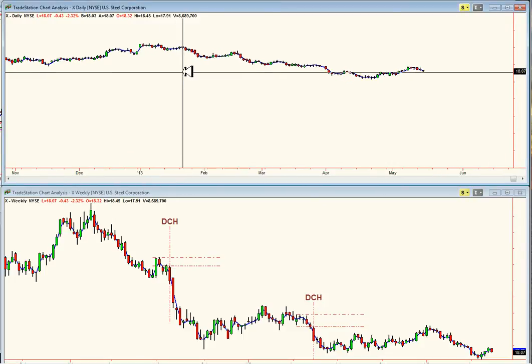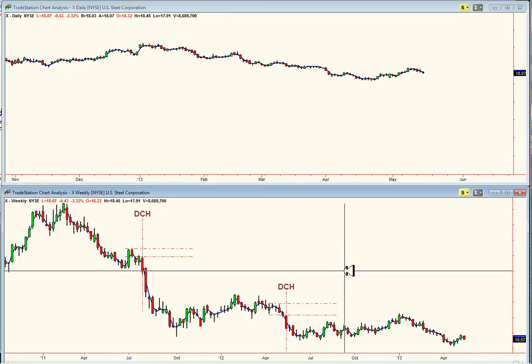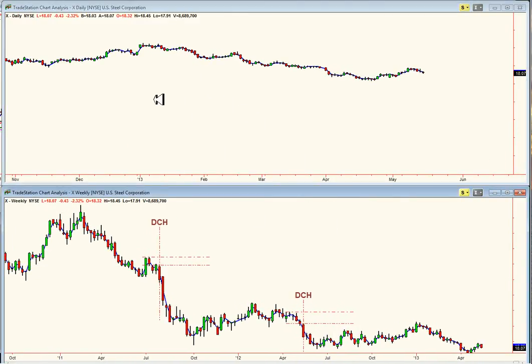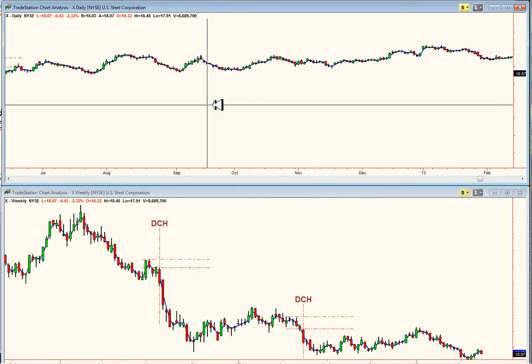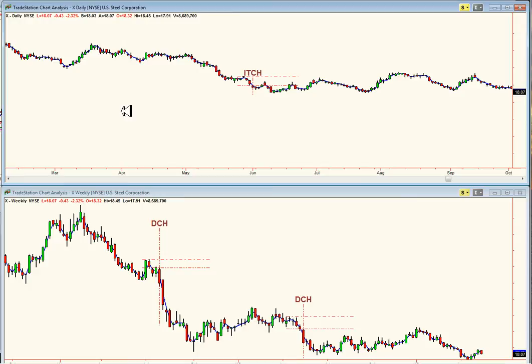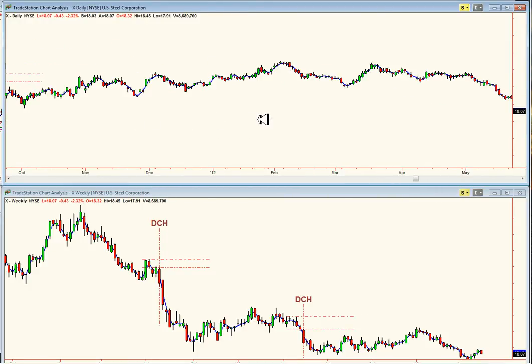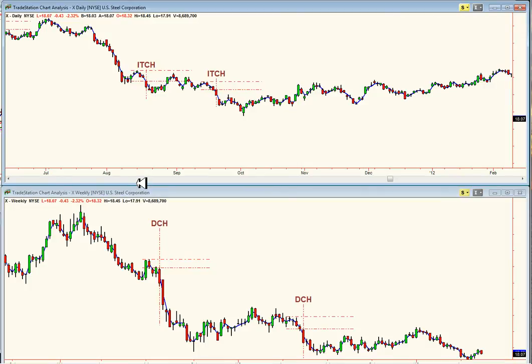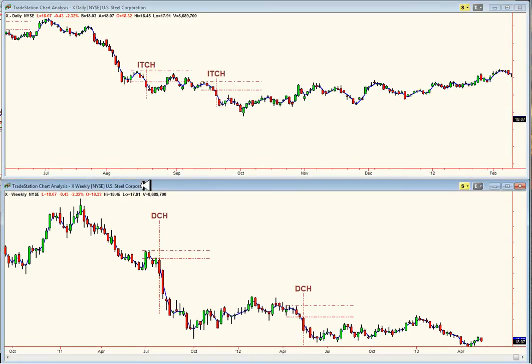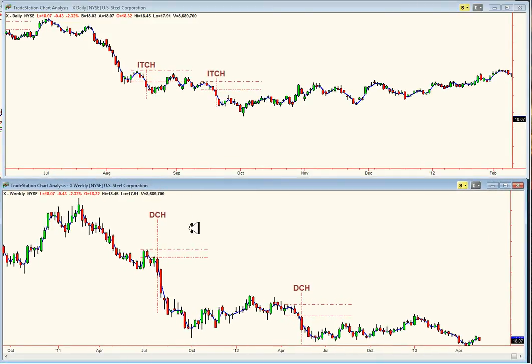So let's take a look at what I'm referring to here. Let's begin with a down trade and the way this plays out on the weekly and the daily charts. Let's take a look at U.S. Steel, for example. U.S. Steel from July of 2011.